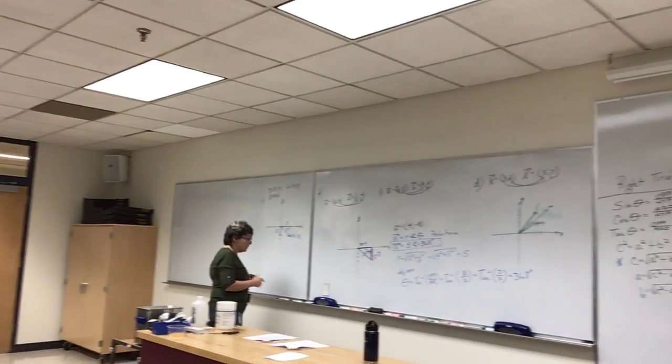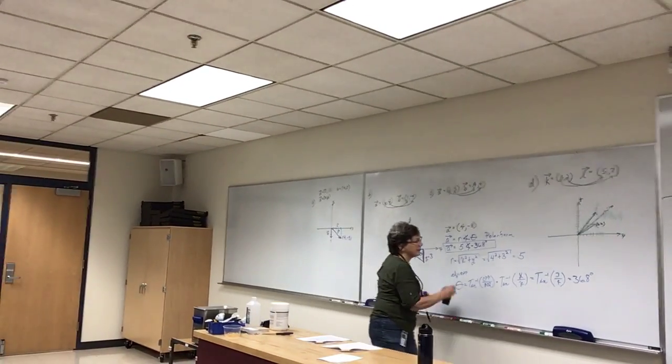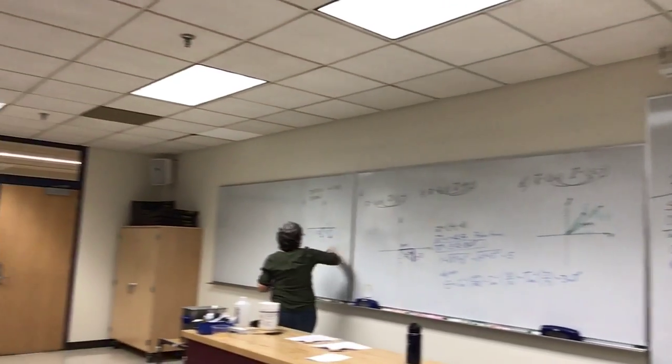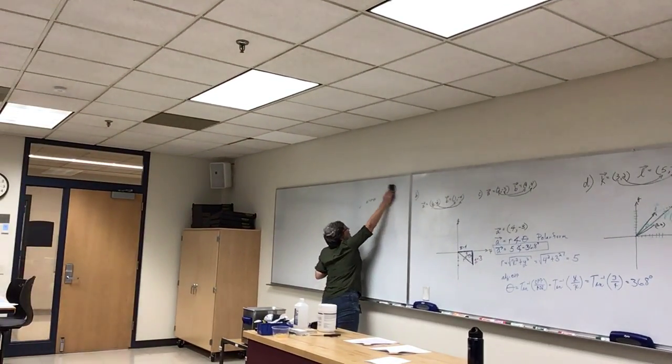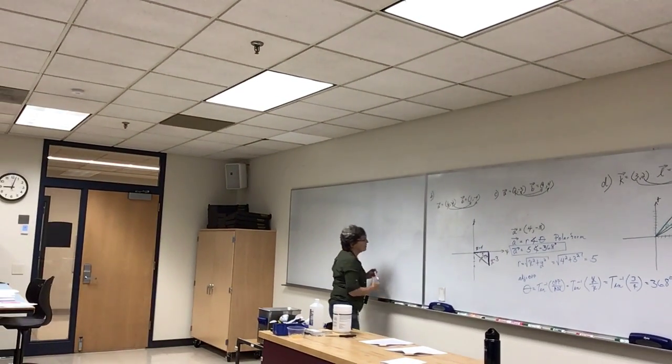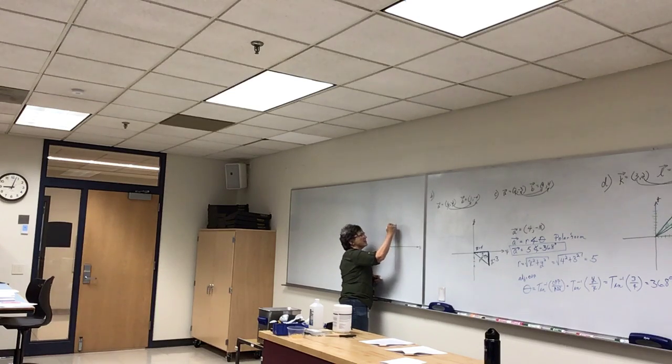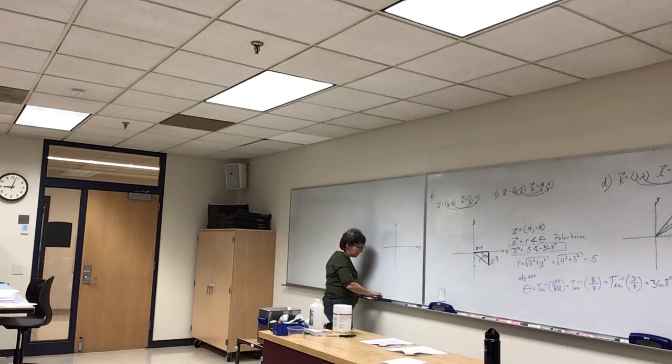Let's do, I'm going to erase this and do another one over here. Okay. I'm going to draw our XY. Polar can be on the same Cartesian coordinate system, same one.